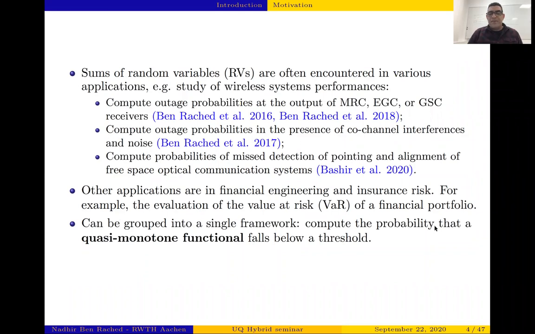All of these applications and many others can be grouped into a single framework, which is the computation of the probability that a quasi-monotone functional falls below a threshold. And we'll define in the next slide what is a quasi-monotone function.